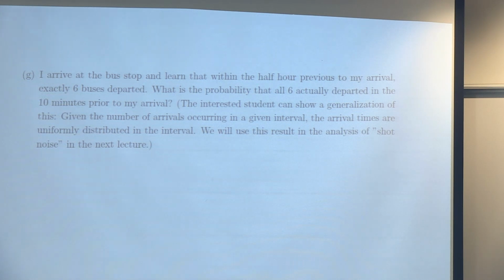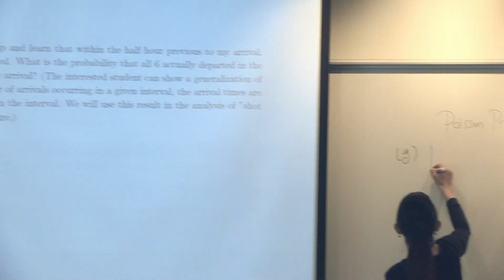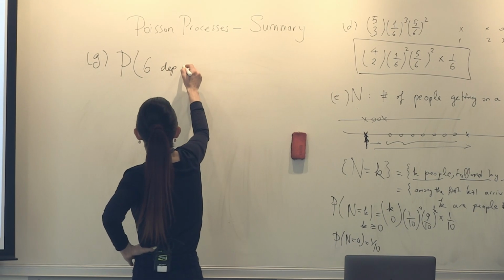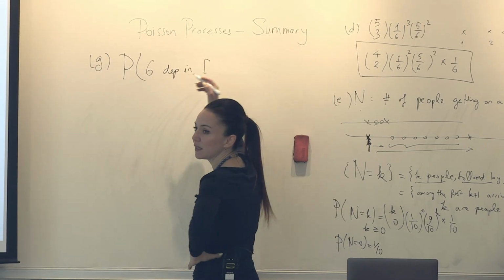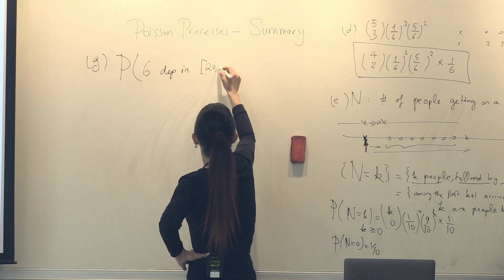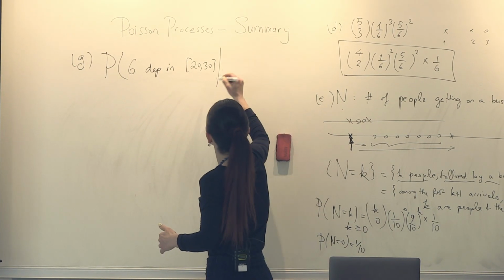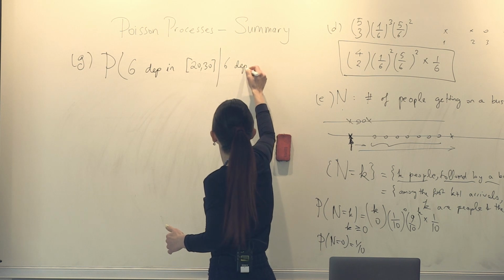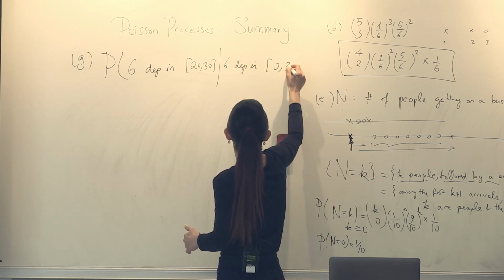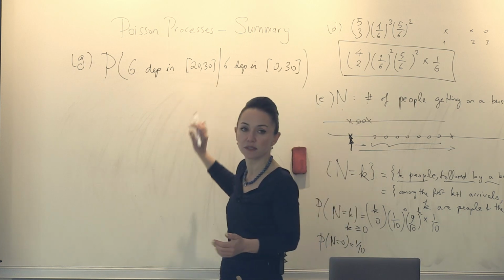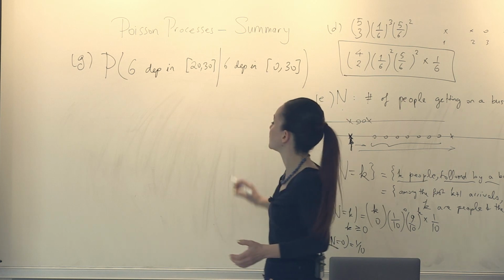Let's try to find out. The probability that there were 6 departures in the time interval 20 to 30 minutes, given that there are 6 departures in the interval 0 to 30. I can always write this. It doesn't matter where the interval is, as long as it's a 30-minute interval.